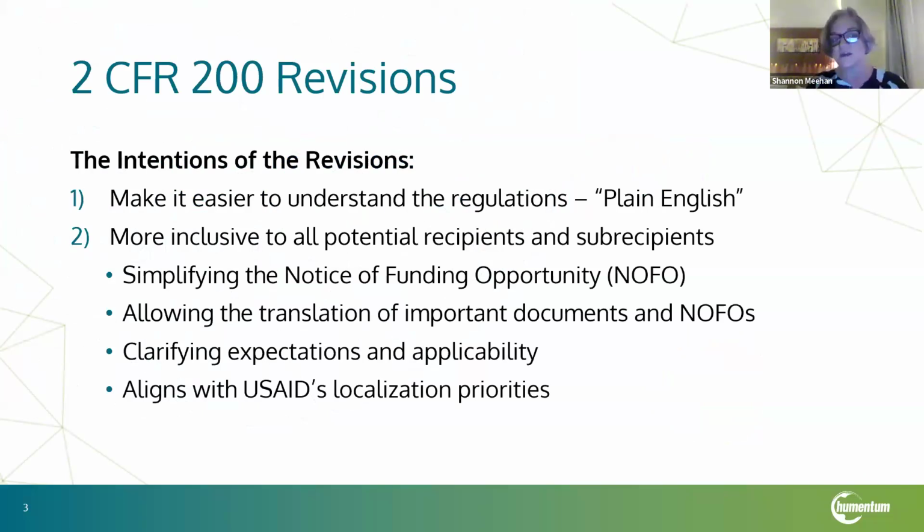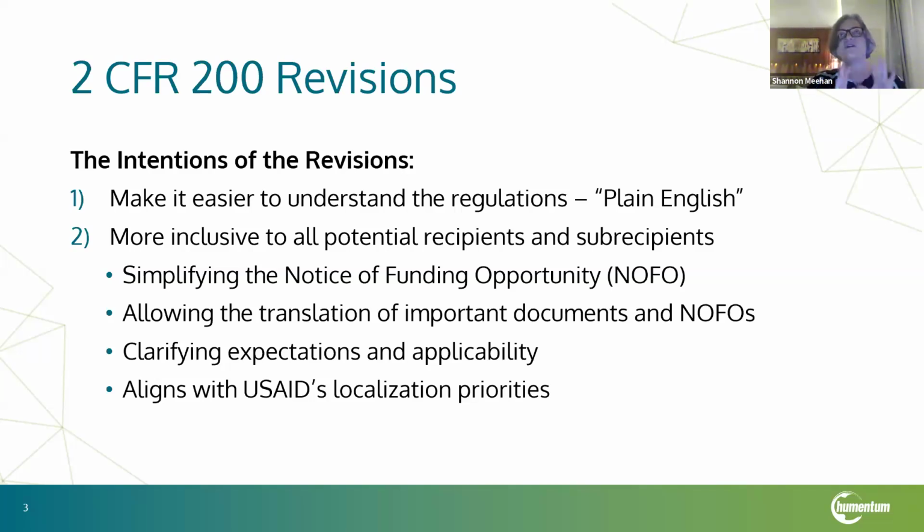Basically, the US government wanted to make sure that everything was written in plain English. Just use normal day-to-day English to explain the expectations of the US government when your organization receives US government funding, whether that be USAID or the State Department or CDC or the United States Department of Agriculture.